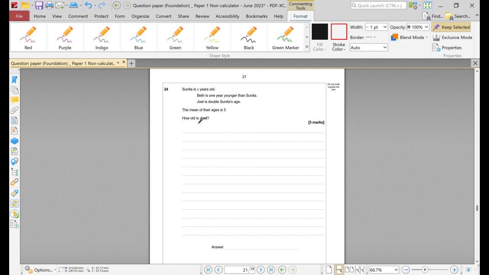The mean of the ages is 5. These people are young, because there's 3 of them. Sunita's x years old. Beth is 1 year younger than Sunita. So Beth, if you add 1, then you get to Sunita.